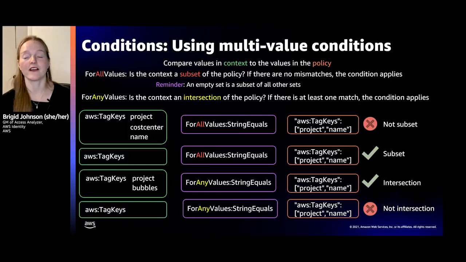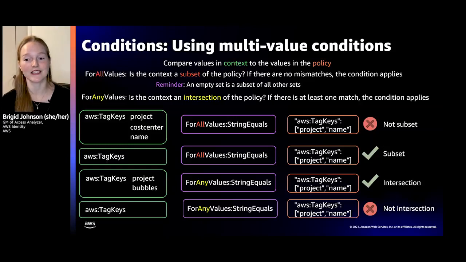With for all values, basically the operator says, is the context a subset of the policy? If there are no mismatches, then the condition applies. Now we have to remember that any empty set is a subset of all other sets.